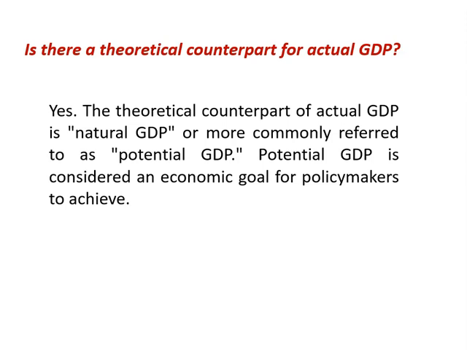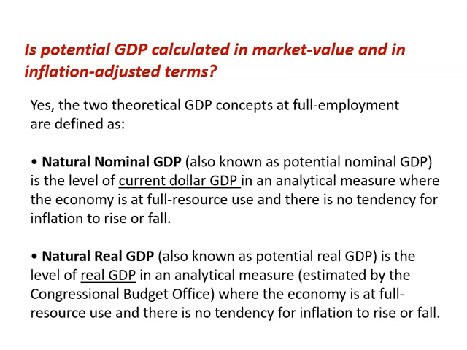Although most textbooks like to refer to the concept of natural GDP, it is more conceptually understood as potential output, or GDP at full employment. Identical to the actual GDP data, there are two forms of the potential or natural GDP measures.